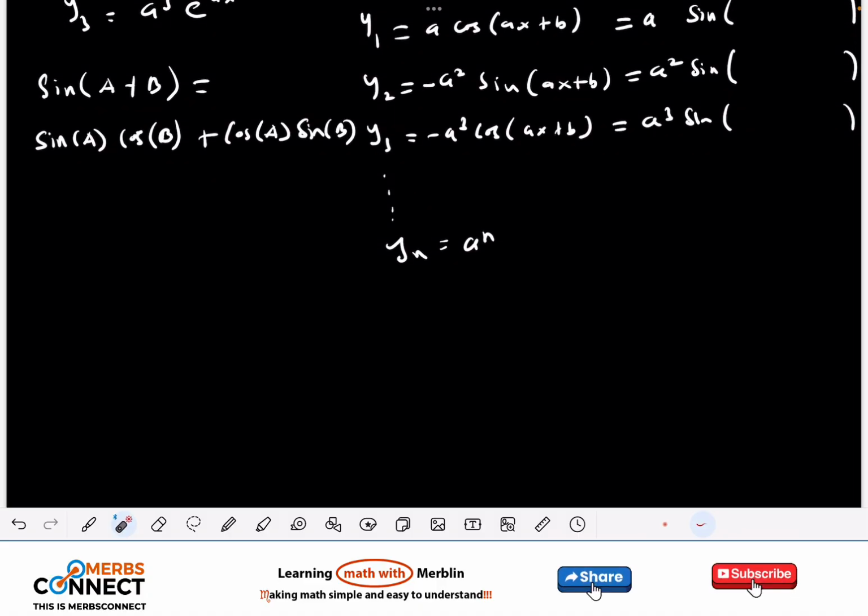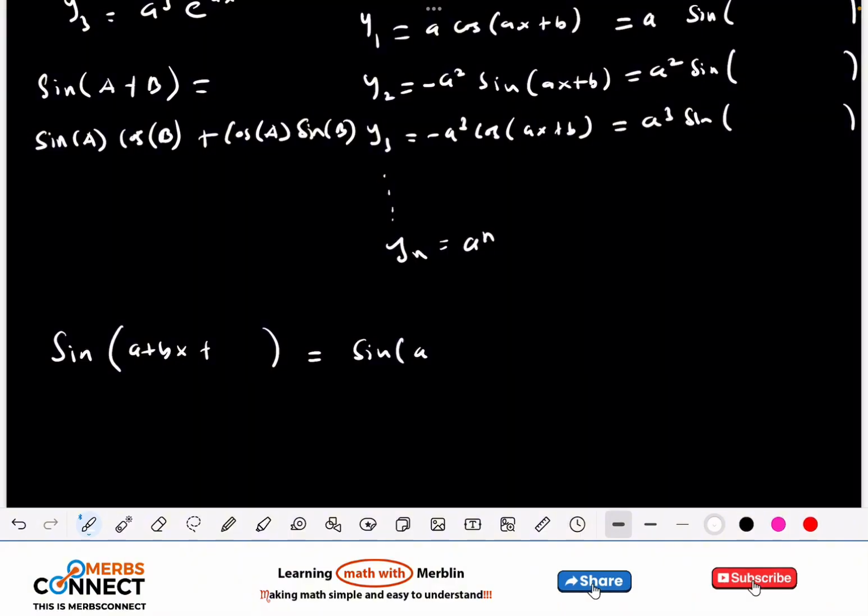So the whole of A will be ax + b, then plus something. So when I expand this, I'm going to have sin(ax + b) cos(something) plus cos(ax + b) sin(something).